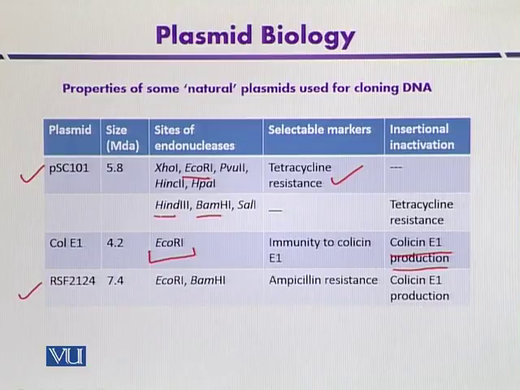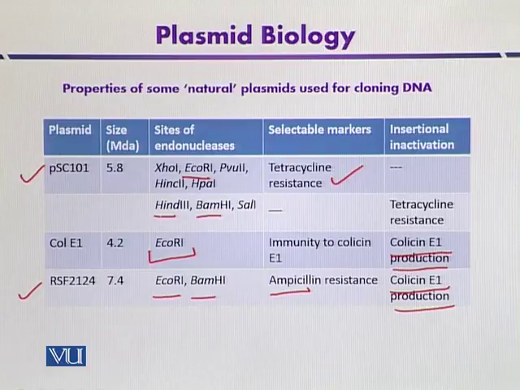It carries restriction sites for EcoRI and BamHI, and contains an additional transposon that can mediate ampicillin resistance. Colicin E1 production is also there, and when foreign DNA is inserted within the gene that encodes colicin E1, it becomes inactivated so that the cell becomes sensitive to colicin E1, which acts as a selectable marker.